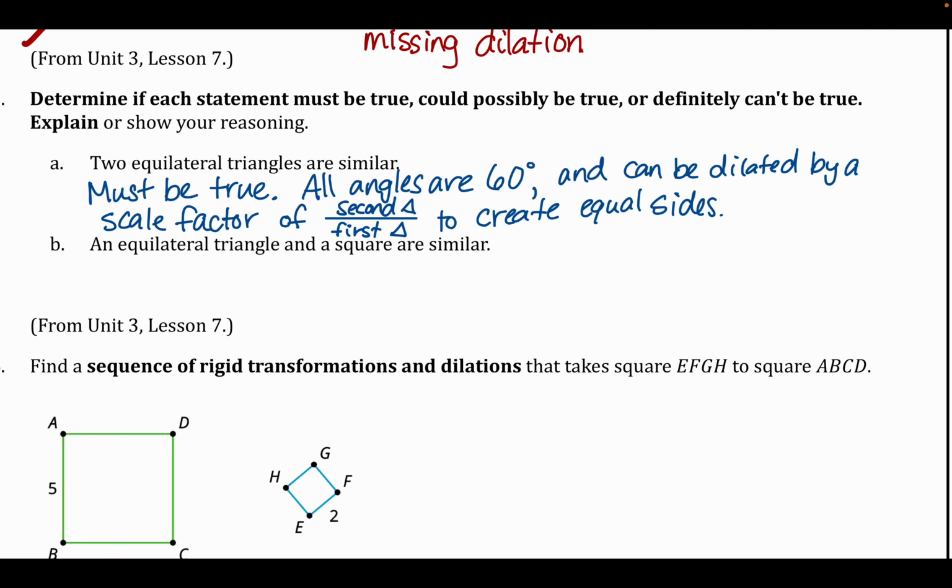Oh, okay. Well, this one, B, says an equilateral triangle and a square are similar. Yeah, definitely cannot be true because they don't have the same number of sides. While all squares are going to be similar to each other and all equilateral triangles will be similar to each other, they're not going to be similar to one another.